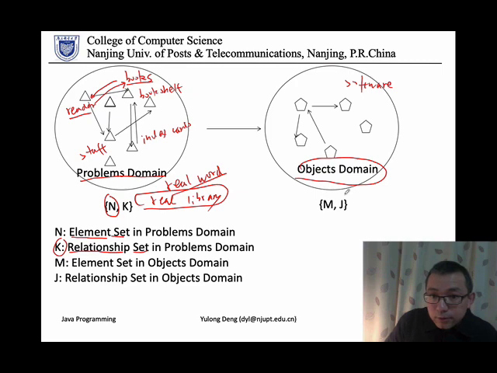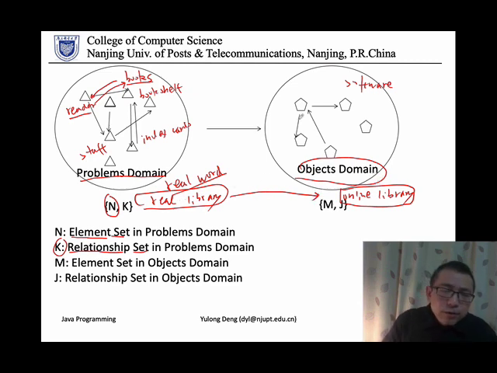The right side is, suppose we want to build an online library. How do we build it, from the real library to the online library? We must think about these elements and their relationships, and how to map them to the right side.